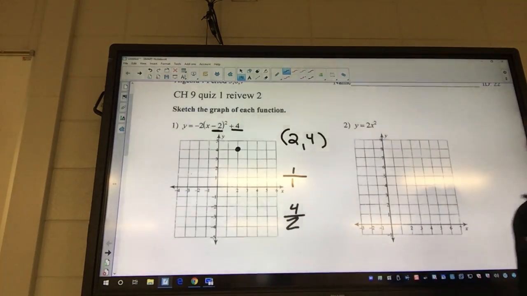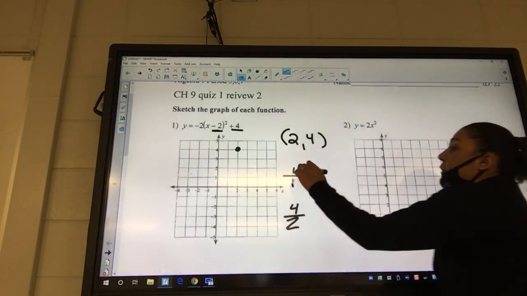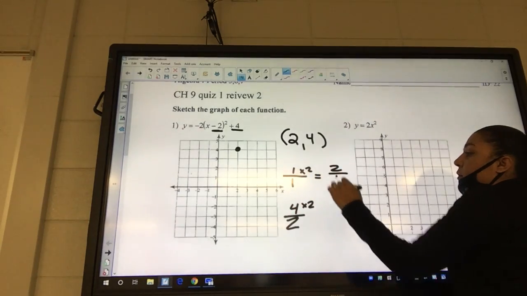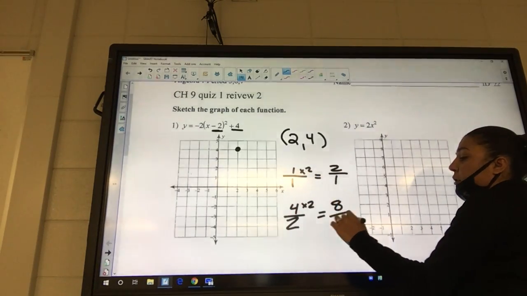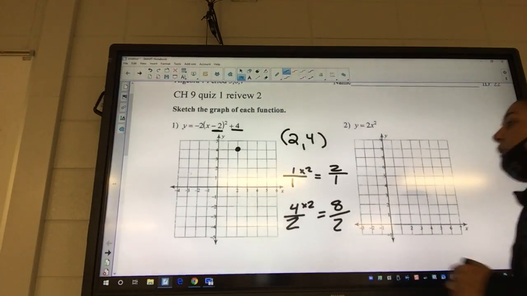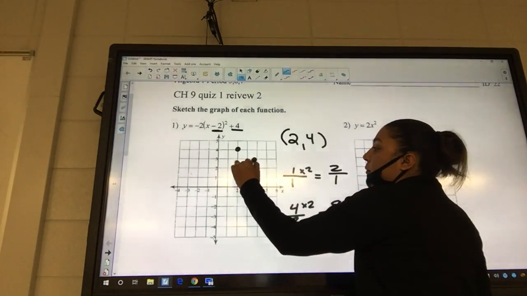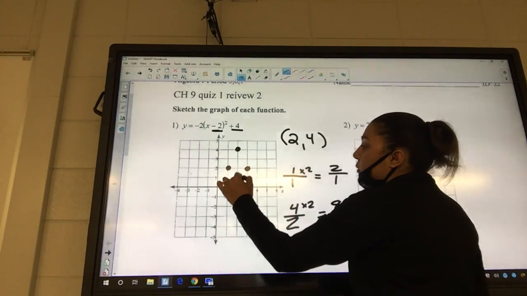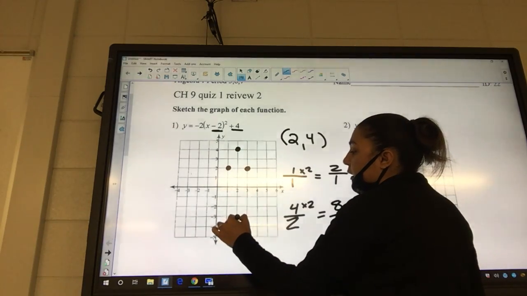But because there's a number out front, we got to multiply. So times 2, times 2. So you got 2 over 1 and 8 over 2. Okay, so we go down 2 over 1, and we go down 8. 1, 2, 3, 4, 5, 6, 7, 8 over 2.